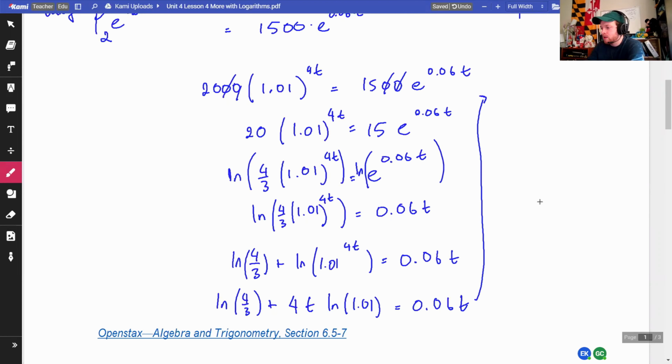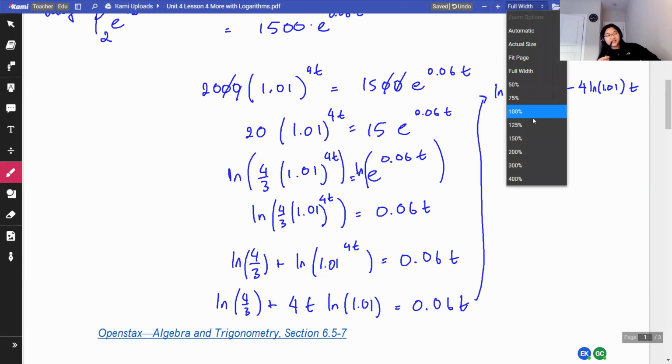So we have natural log of 4/3 is equal to 0.06 t minus 4 times the natural log of 1.01 times t. Beautiful. Because now there's a greatest common factor.